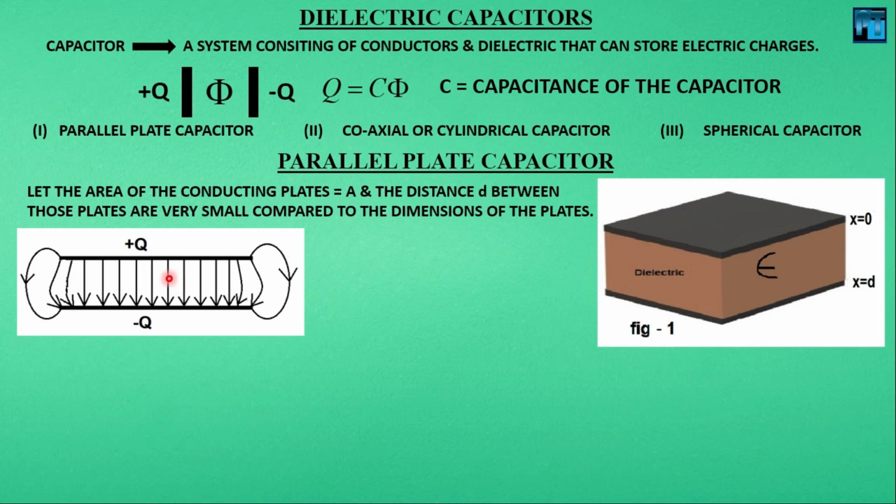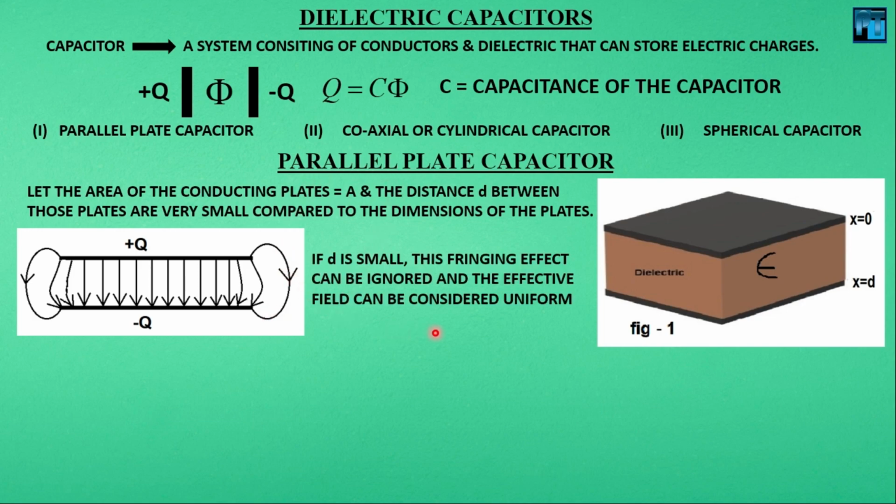See, these lines are showing the uniform electric field between these two plates, but at the ends there are some distortions. This is very common for parallel plate capacitors. It is called the fringing effect. Now we are doing the entire calculation neglecting this fringing effect.